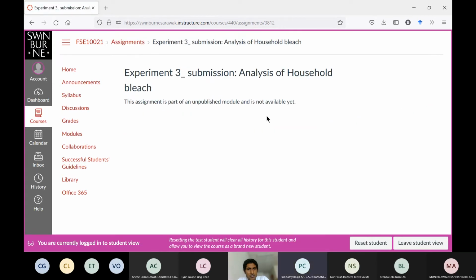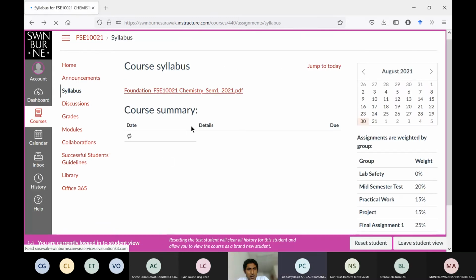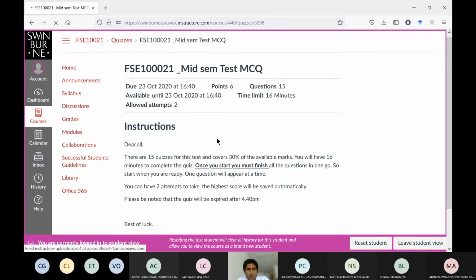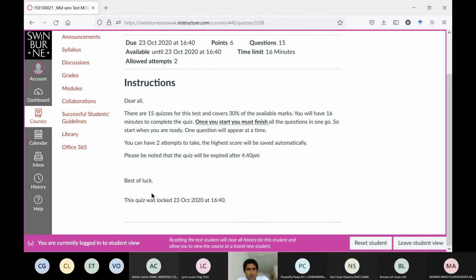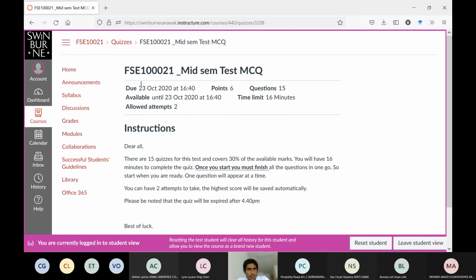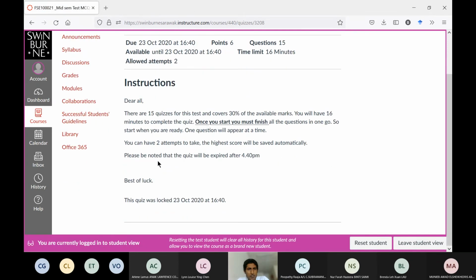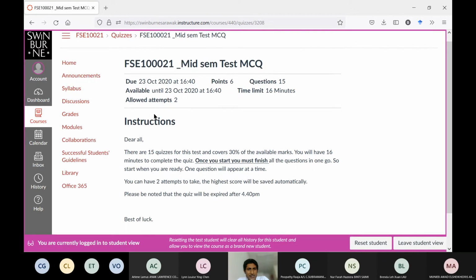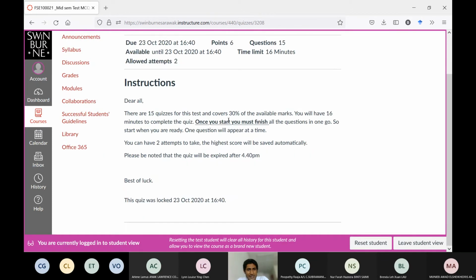It shows the name of the previous student. Is it like the mid-semester MCQ test, or do you see anything else?